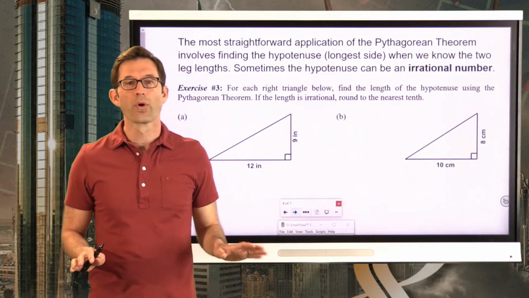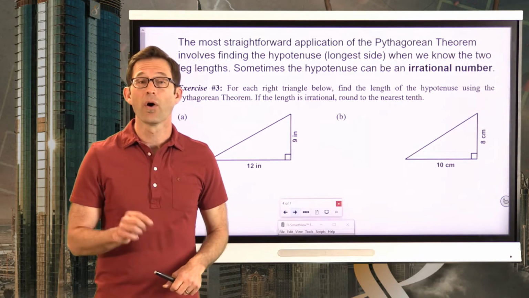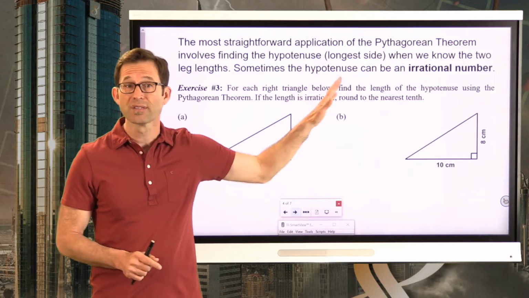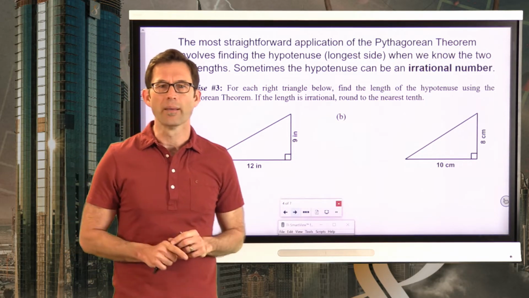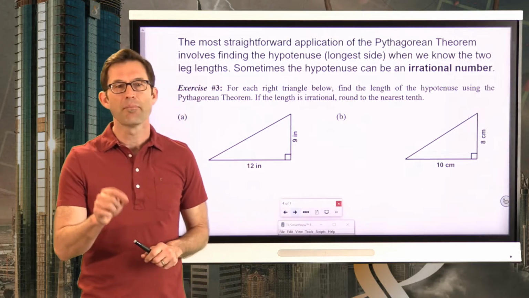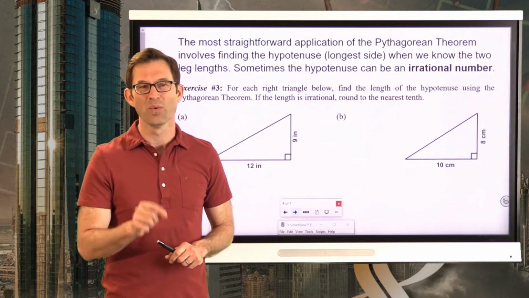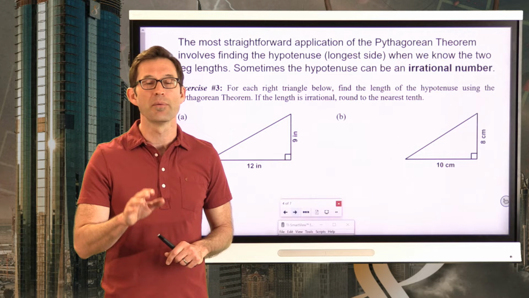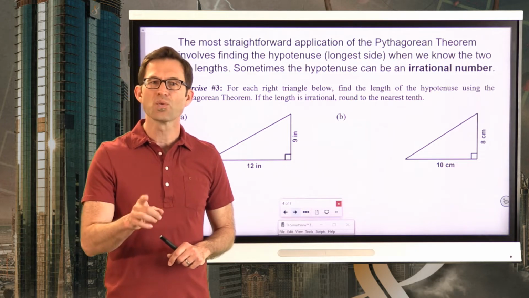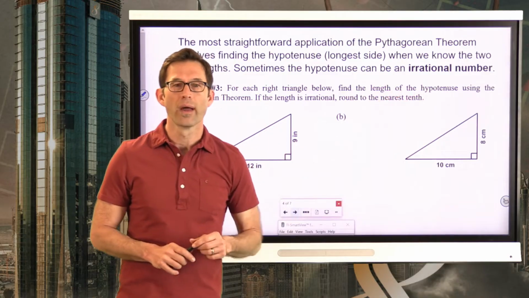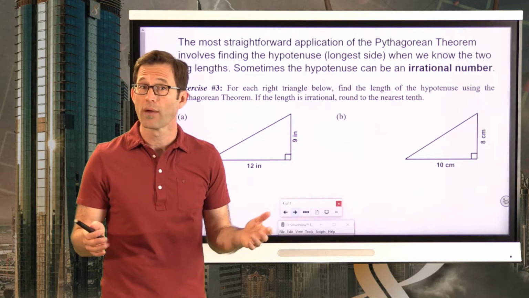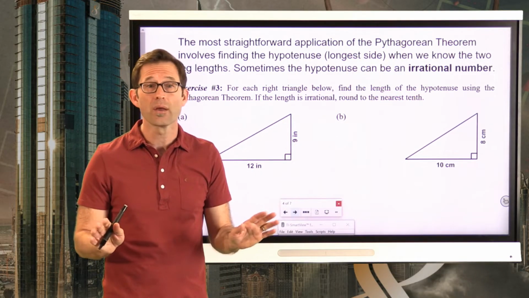The most straightforward application of the Pythagorean theorem involves finding the hypotenuse, the longest side, when we know the two leg lengths. Now sometimes that hypotenuse is not going to be as nice as it was last time. Last time the hypotenuse turned out to be 13 inches. But sometimes when we take the square root of a number, we get an irrational answer, one whose decimal goes on forever, remember, without repeating or terminating.